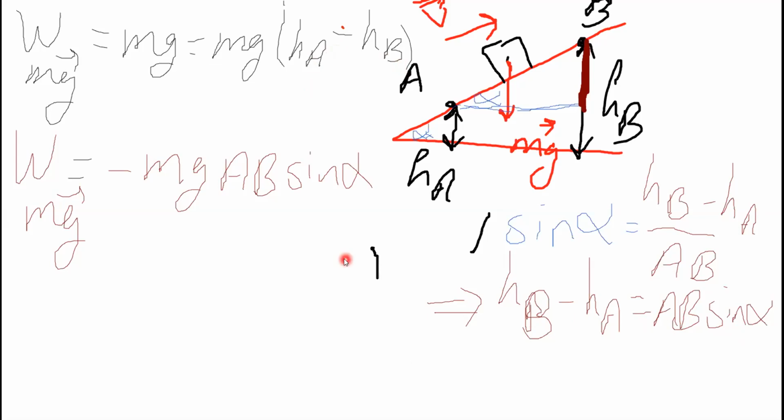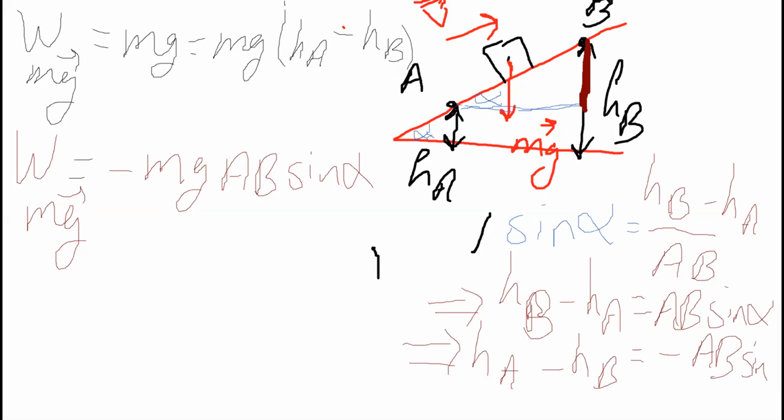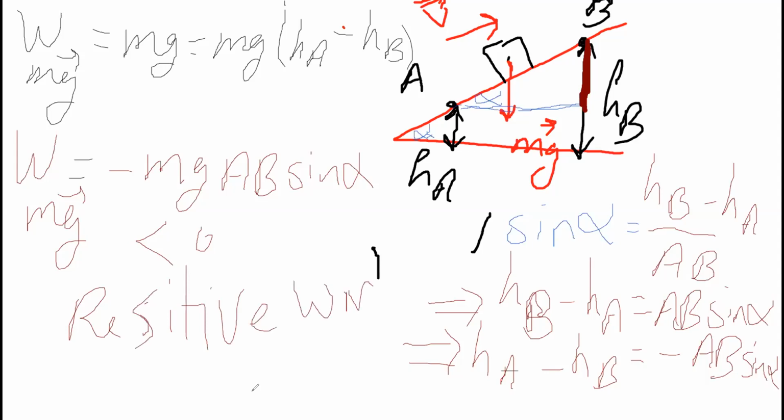So HA minus HB equals minus AB sine alpha. So we substitute, instead of HA minus HB, and we get work done by mg is minus mg AB sine alpha, smaller than 0, resistive work. This is how we can calculate the work done by weight or work done by gravity.